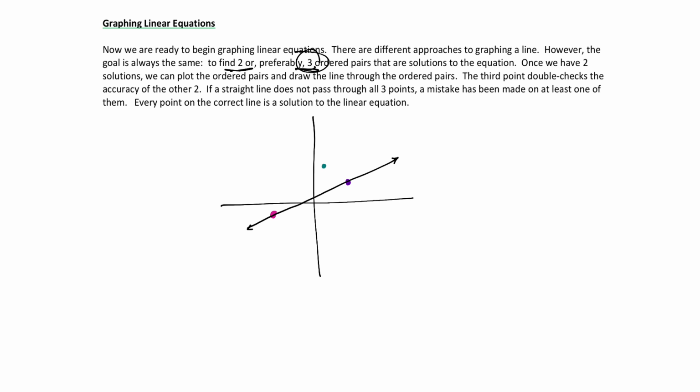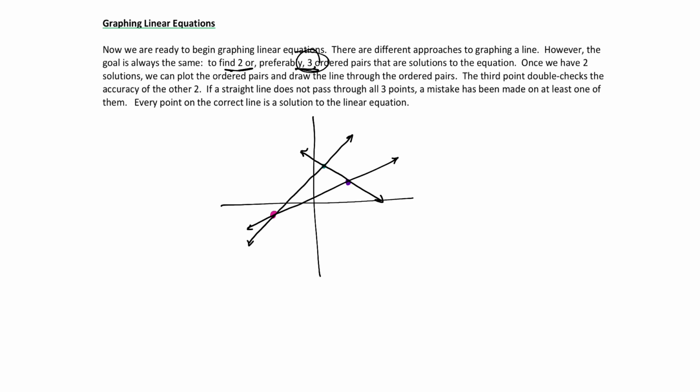So if the purple one was wrong, then here's the correct answer. If the pink one was wrong, then here is the correct answer. All 3 of those lines that I have drawn are completely different. And I can't say, oh, it's close enough. No, it isn't. You've got to be incredibly exact.